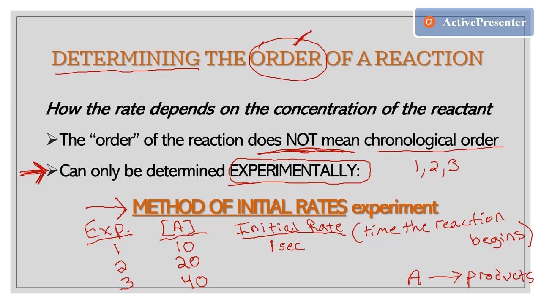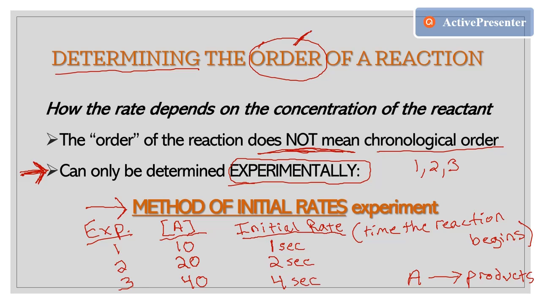Then this concentration of 20 moles of A is going to take, I'll just say 2 seconds, and I'm just making up these numbers. And then the concentration of 40 moles of A could take 4 seconds.